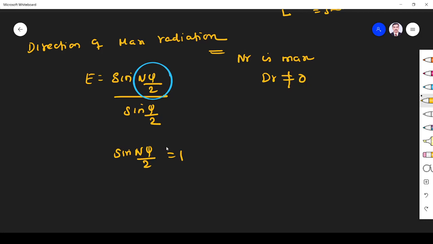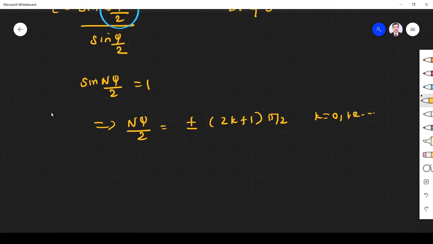So maximum occurs when, what is the maximum value of sine? Sine n psi by 2 will be equal to 1 only. This indicates the maximum value of sine is 1. So from this, what we understand is n psi by 2 is equal to plus or minus 2k plus 1 pi by 2, where k is equal to 0, 1, 2, etc. Because when we substitute k as 0, it becomes sine pi by 2, and sine pi by 2 is 1.